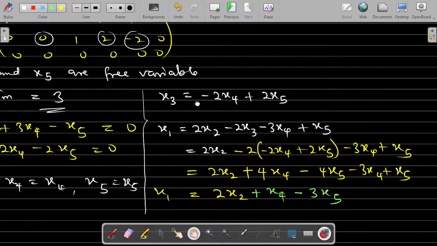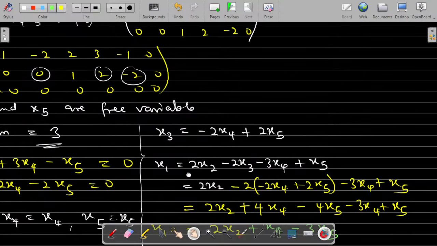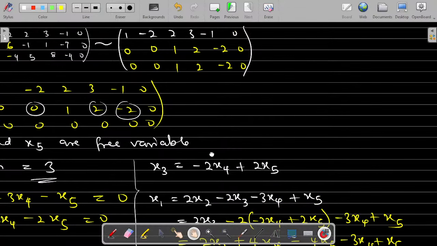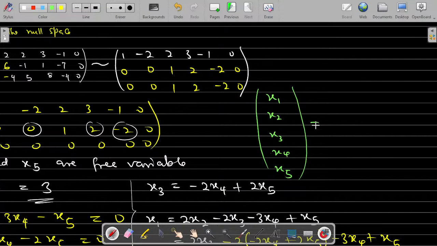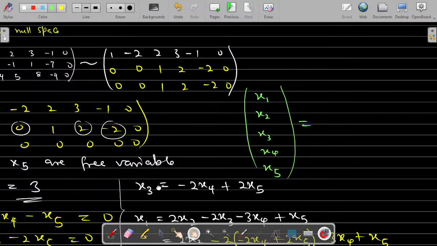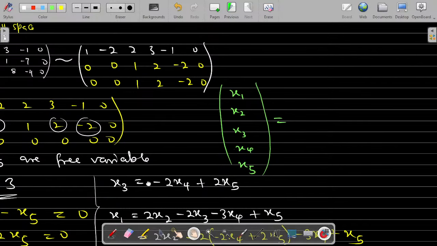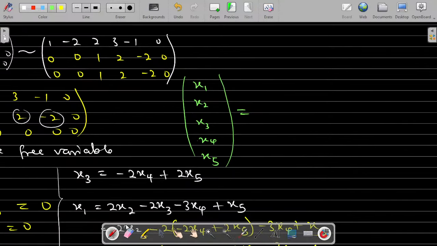I'm thinking if I can finish this here instead of going to a new page. So let's now write our solution. x1, x2, x3, x4, x5 will help us to get the basis that we are looking for. It will be equal to, here, what is our x1?